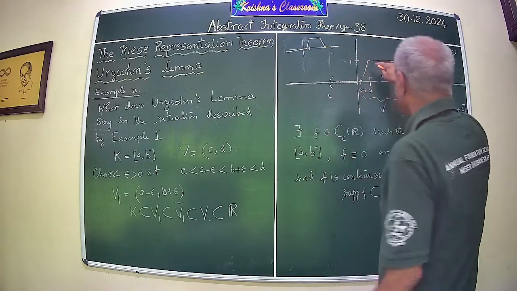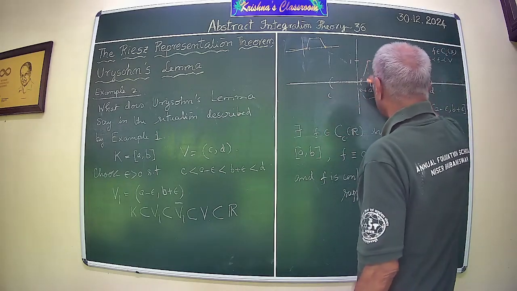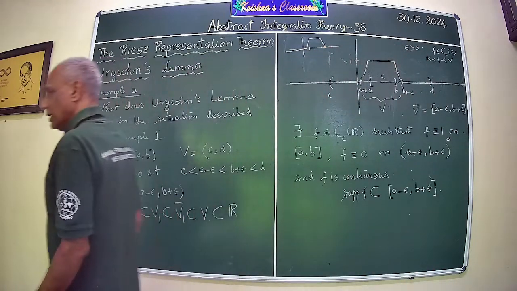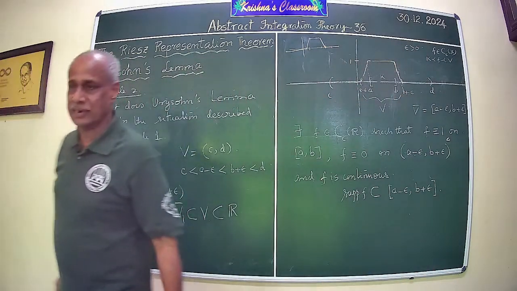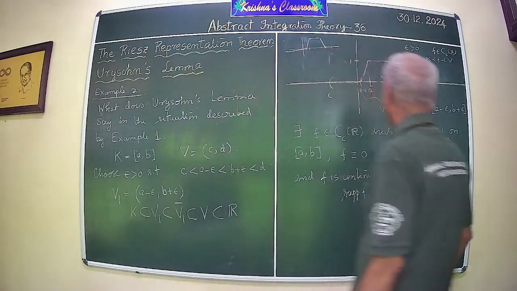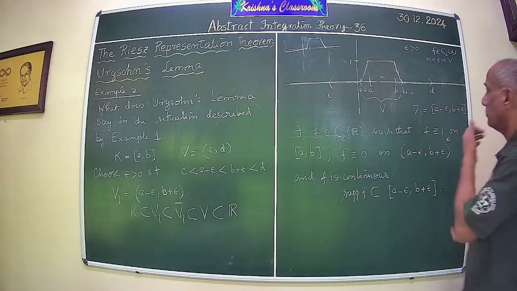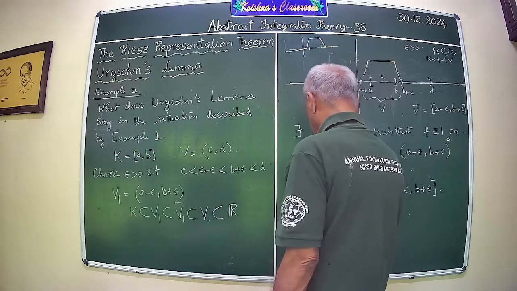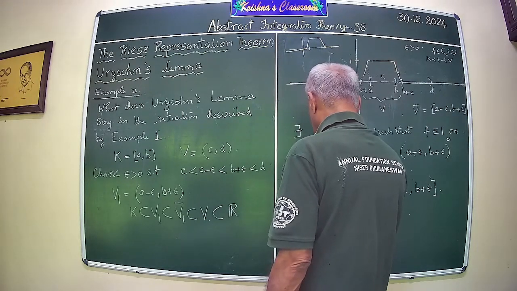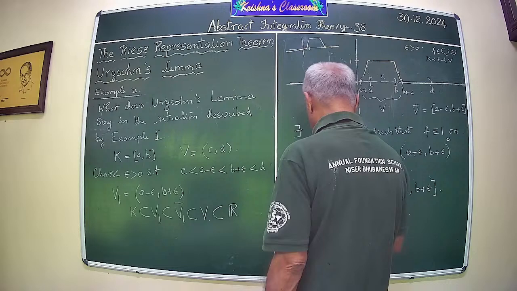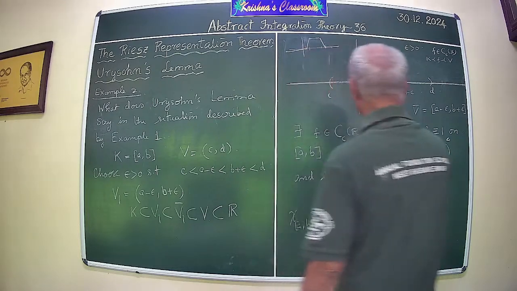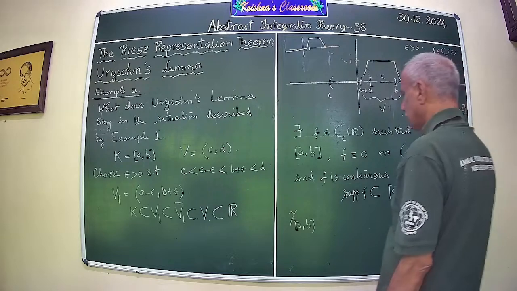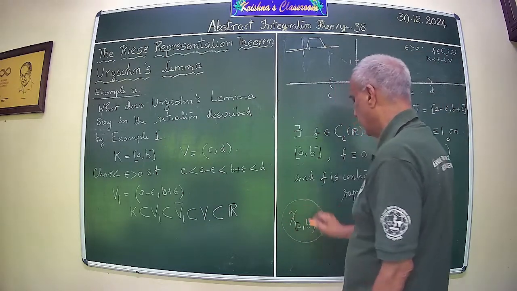Otherwise, you won't get a gap to descend. Otherwise, the descent from 1 to 0 will be abrupt, and that will lead to a discontinuity at A, and also a discontinuity at B. In other words, you are having chi AB, so it will be 0 everywhere here. But that is not the function F that we are asking for, and this is a discontinuity.